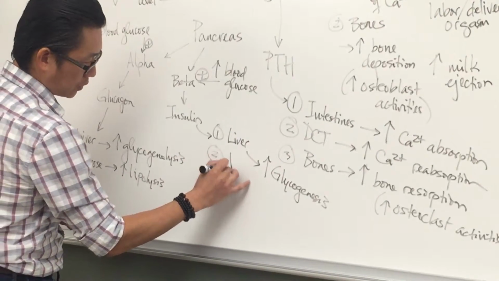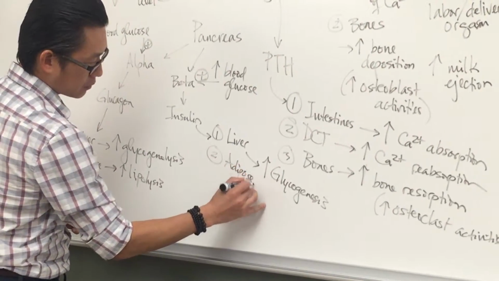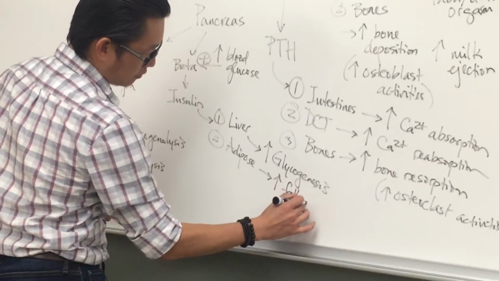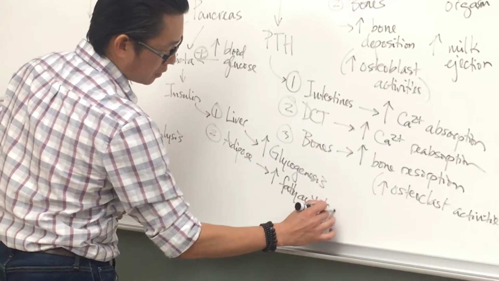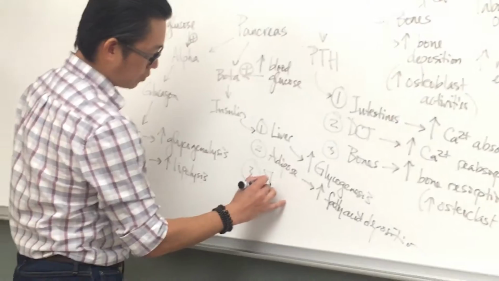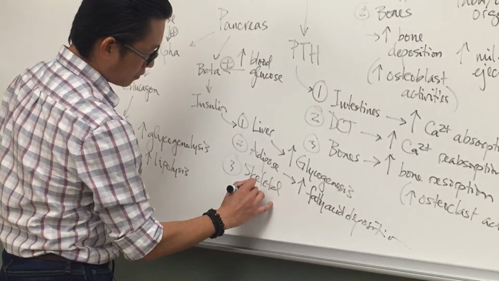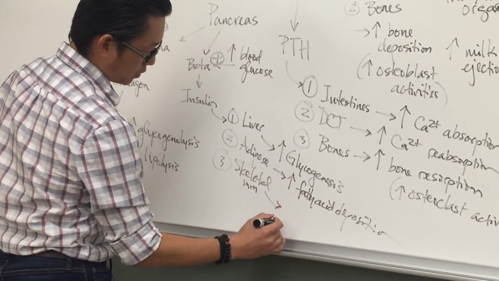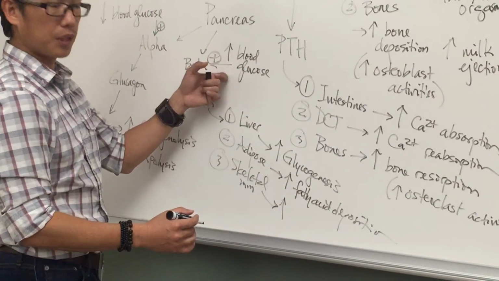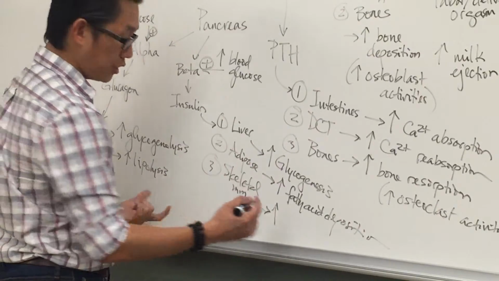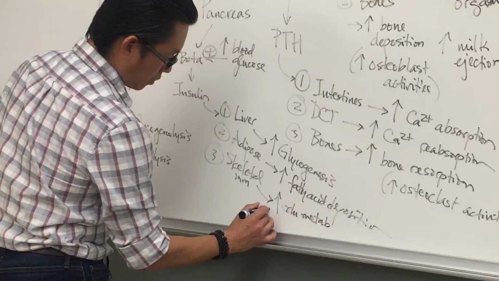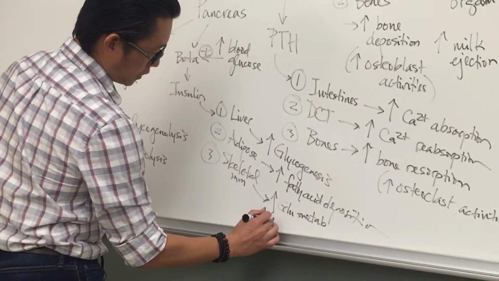Two, it's going to go to the adipose tissue and increase fatty acid deposition. And then go to the skeletal muscles to tell the skeletal muscles to also take up this excess glucose, either use it as energy, so increase glucose metabolism, or again, increase glycogenesis.